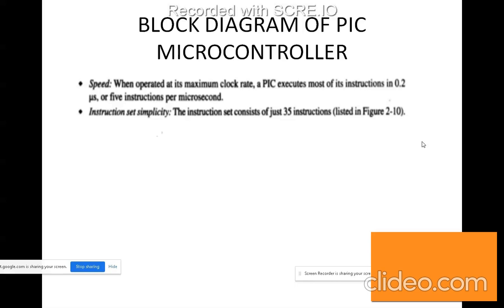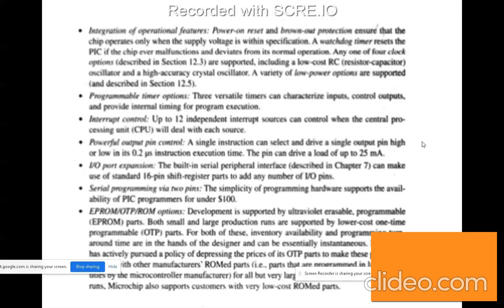So speed will be very, very high. Then instruction set simplicity. I think you all learned the instruction set for microprocessors and microcontrollers in your previous microprocessor subject, where you learn more than 80 instructions, but here only 35 instructions are enough to execute the programs. The PIC microcontroller is very simple.